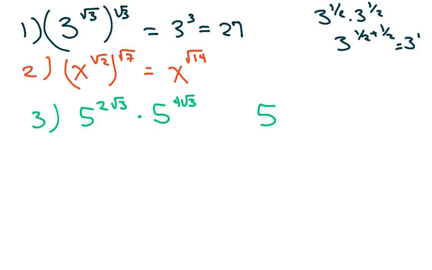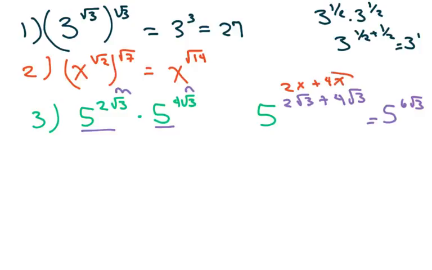This would be your m and your n. 5 is your base, so that's just going to be 2 square root of 3 plus 4 square root of 3, and this equals 5 to the 6th square root of 3. This is like saying 2x plus 4x, which would be 6x, but our x happens to be what? Square root of 3.